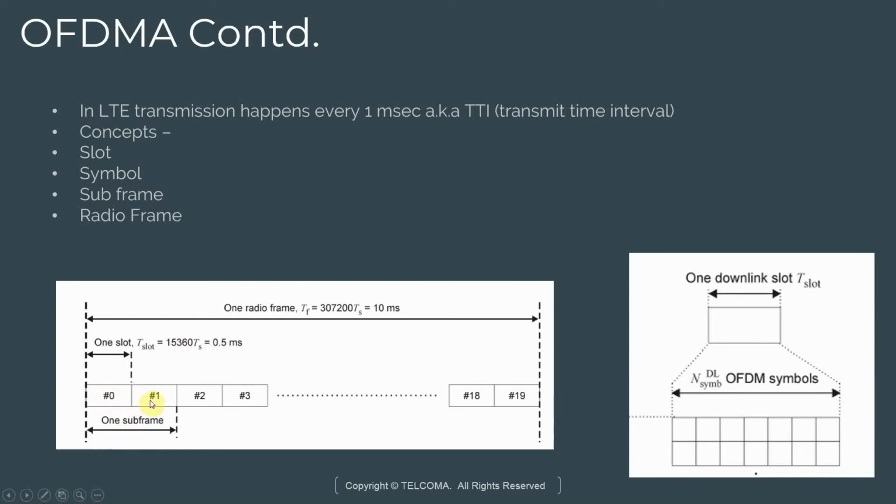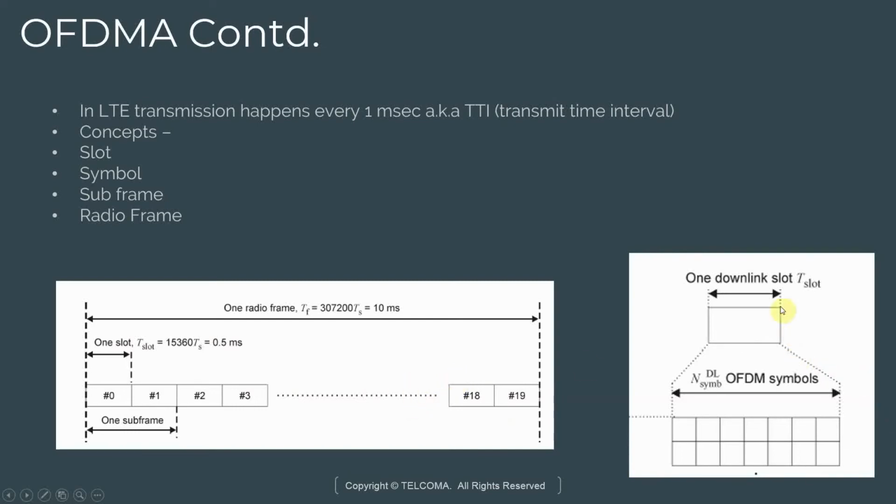Each slot is equal to 0.5 milliseconds, so two slots make up 1 millisecond. 1 millisecond is one subframe, and one subframe is one TTI. One radio frame represents 10 milliseconds and has 10 subframes, because each subframe is 1 millisecond, and has 20 slots because each slot is 0.5 milliseconds.